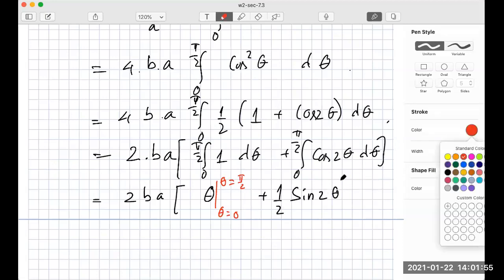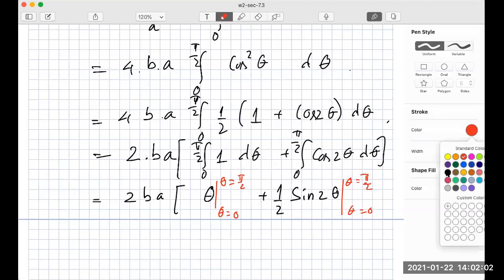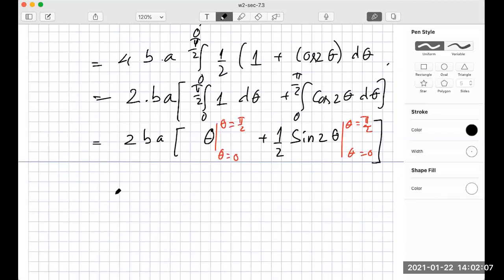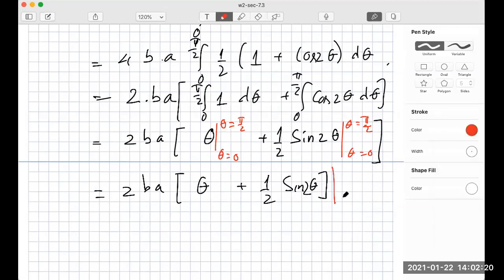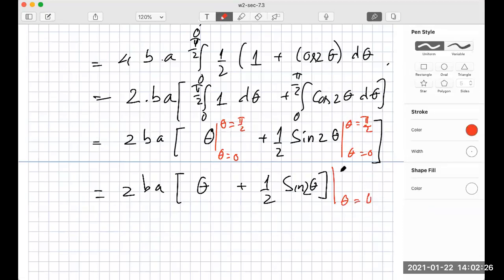Luke has already mentioned that in class at the very beginning, that we can write it this way. It is the same thing. Theta plus 1/2 sine 2 theta, and the limit. Just write it explicitly, you will see that it is not difficult.